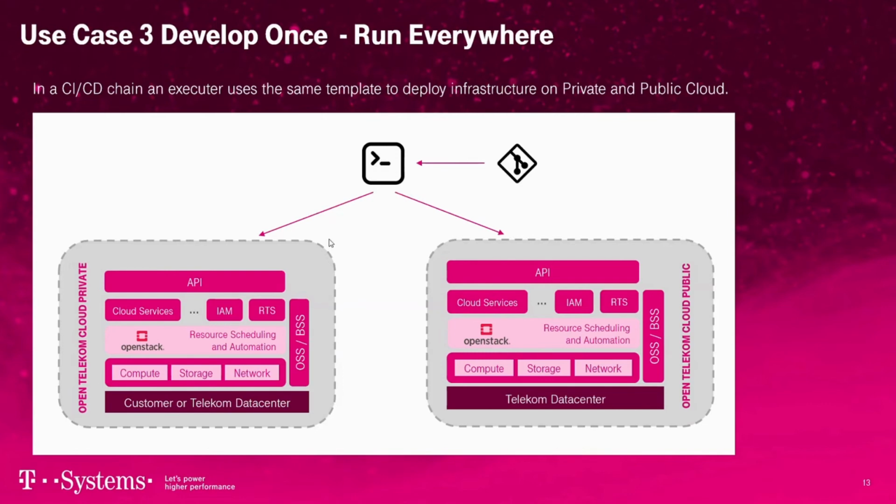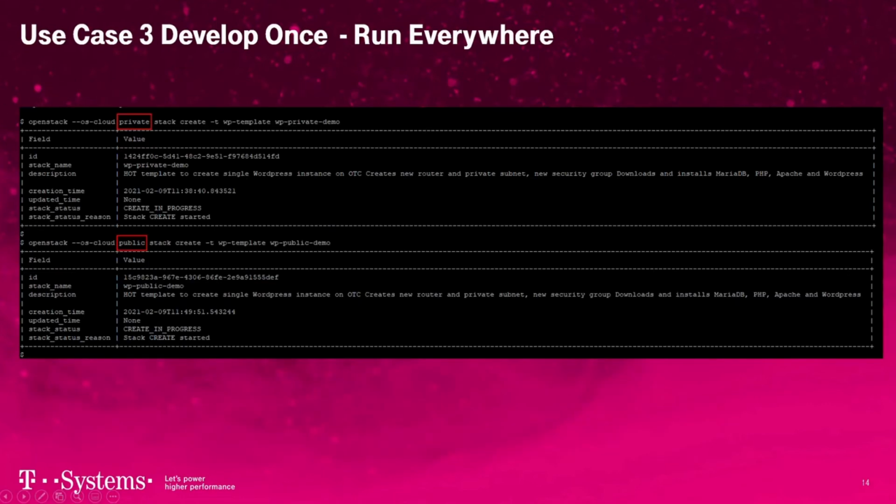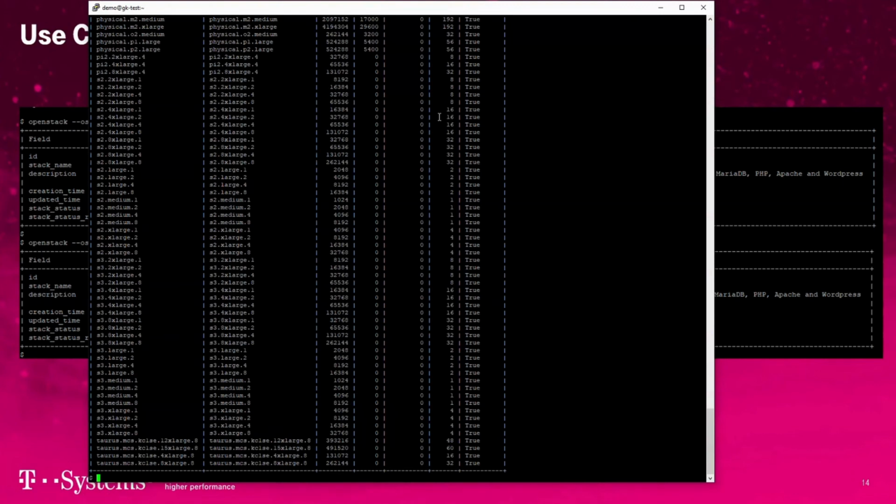How are we going to do this? We are using, in our example, an RTS template. Let me show you the contents of this template. So it's a heat template.